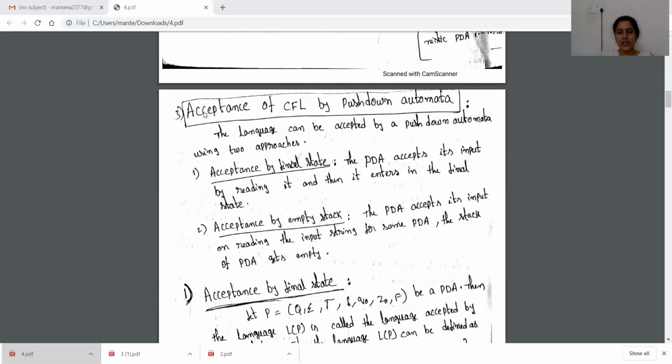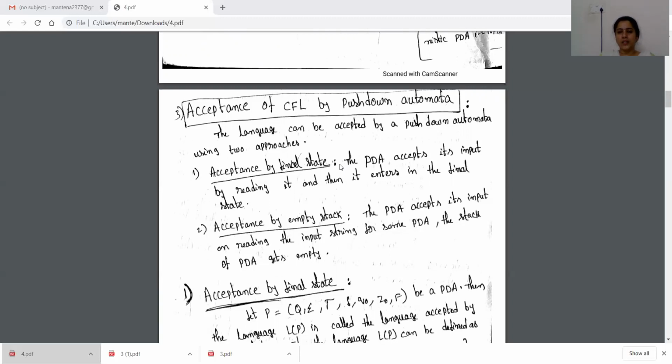How we check whether the string is accepted by the pushdown automata or not: here we have two different types of acceptance of a string. One is acceptance by final state and the other one is acceptance by empty stack. In finite automata, we check only acceptance by final state.